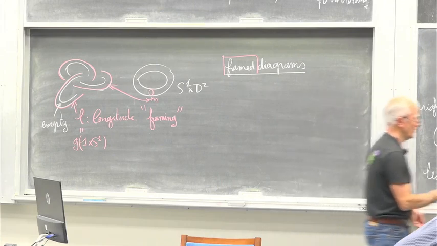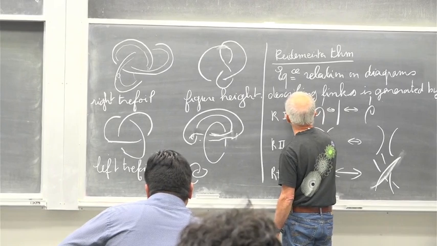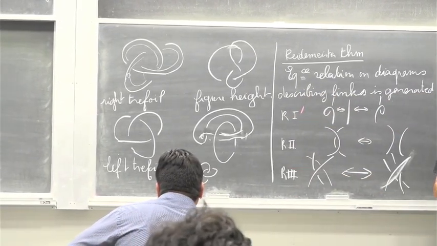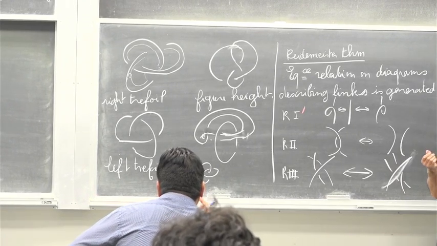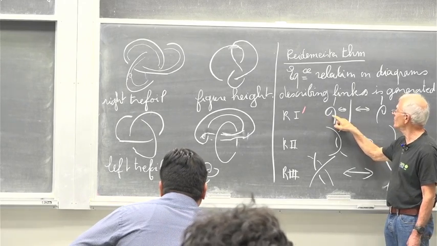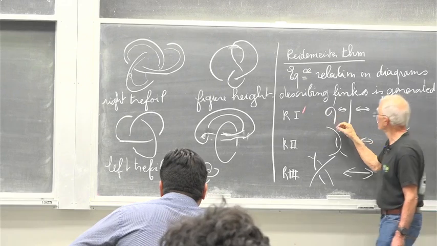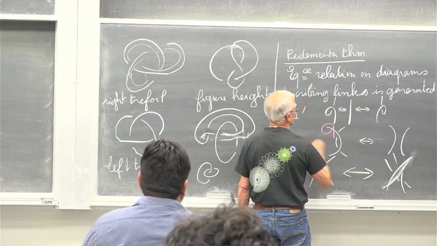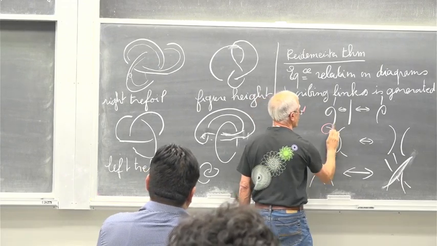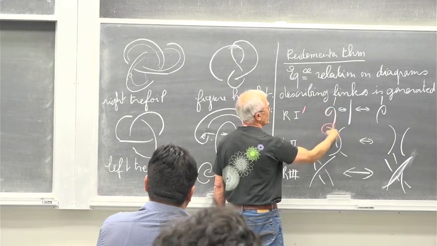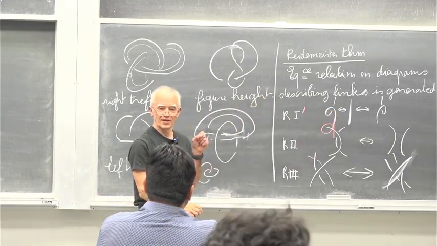So when you do framed diagrams, you change the R1 by another relation. This means that this is not trivial. So if you put one curl like this and the reverse, you have nothing.